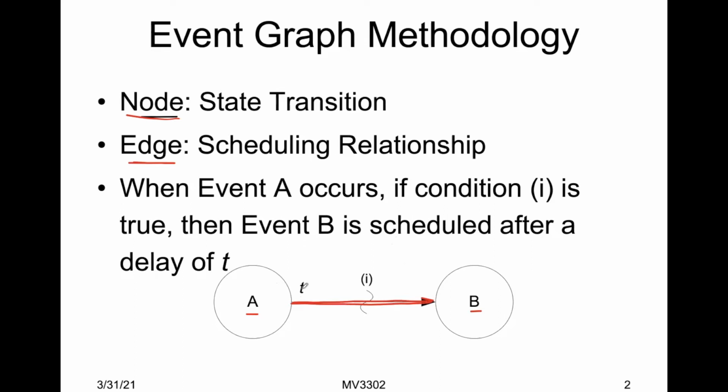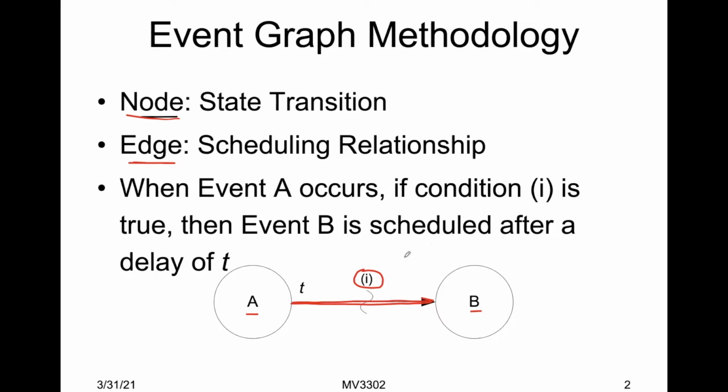So there are two attributes of this scheduling edge. One is what's represented as an I with a little squiggly under it. That's just how things were done by the guy who invented these, who wasn't me, by the way. What that is, is a Boolean condition.